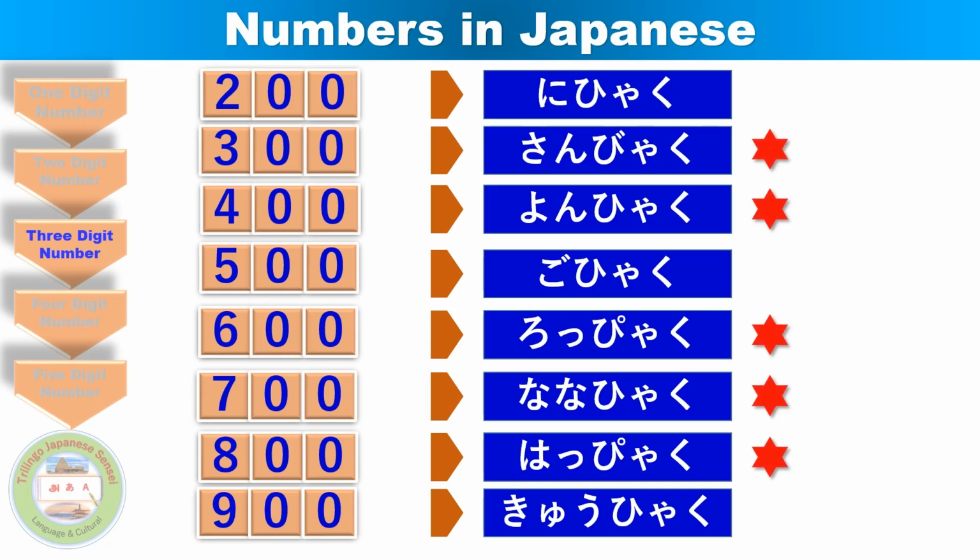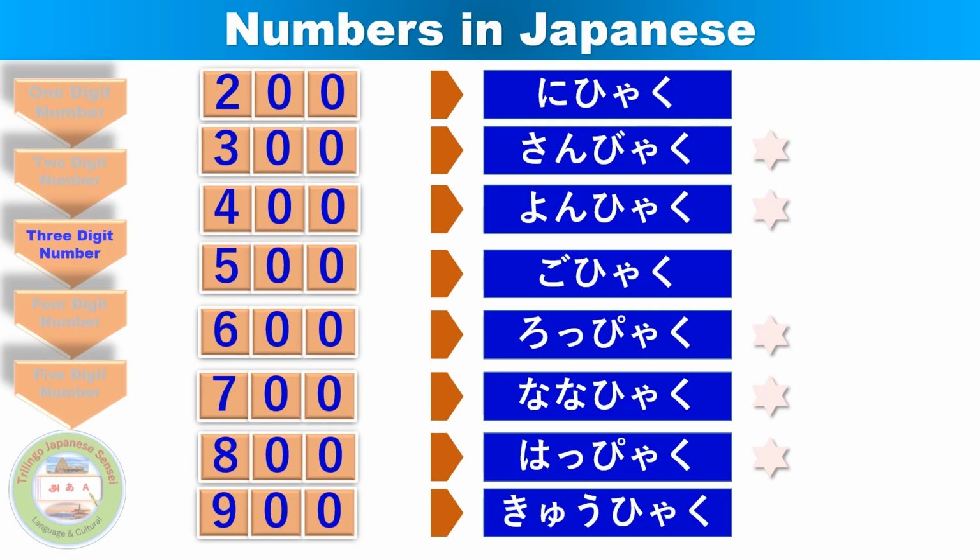If you look carefully at this page, there are 5 places where we need closer attention: 300, 400, 600, 700, and 800.